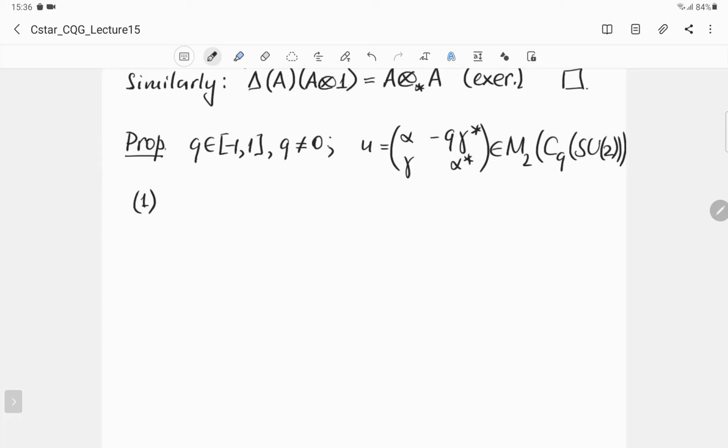Well, first of all, I claim that the defining relations for our algebra C_q(SU2), namely the relation that the matrix U is unitary, are as follows.